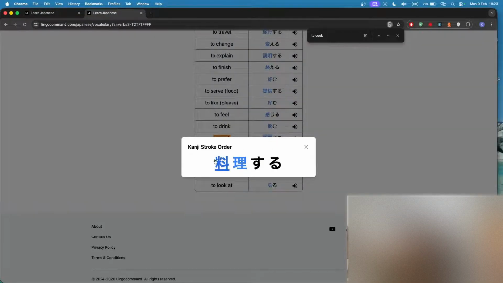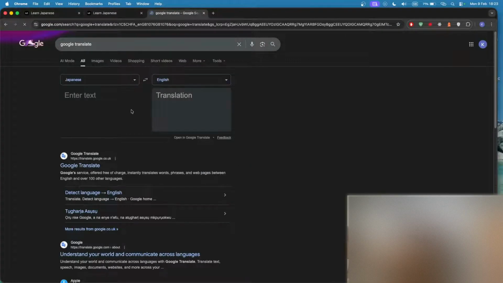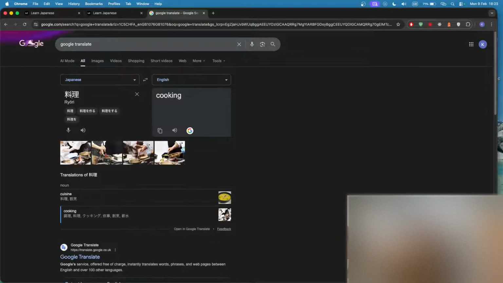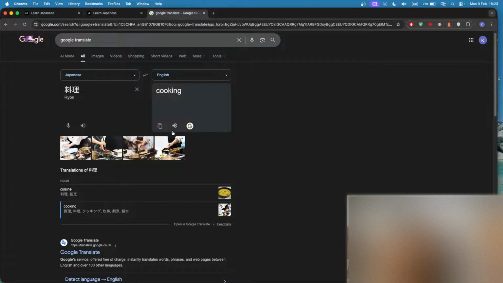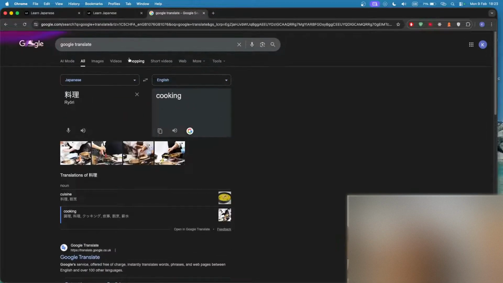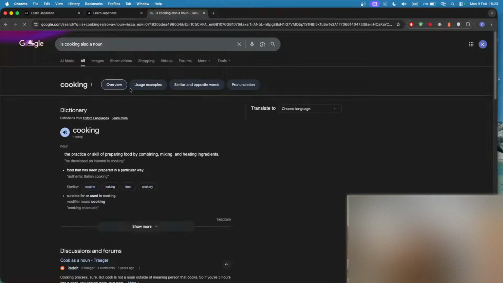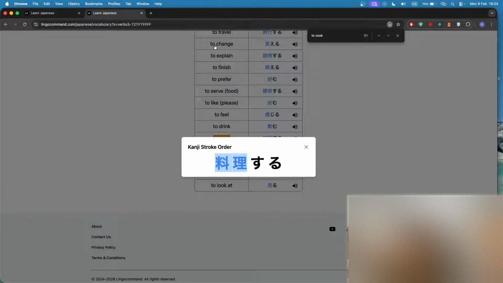So I'm pretty sure if I take this and go to Google Translate, maybe it means something like kitchen? It still means cooking. Oh, cooking can also be a noun. Is cooking also a noun? Yeah, for example, in the sentence authentic Italian cooking, cooking would be a noun. Interesting.